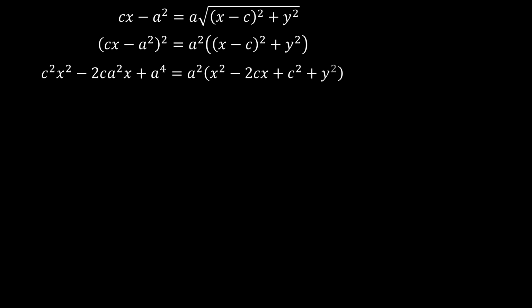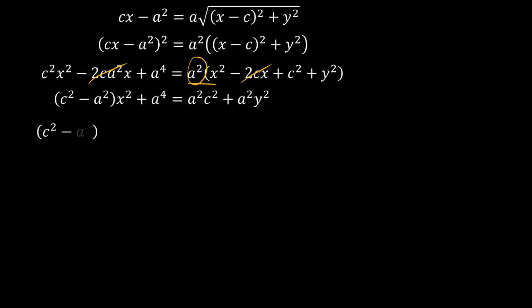You can see that we can also take this a onto the left hand side, and since a is less than c, from the diagram we have c squared minus a squared times x squared plus a to the power 4 is equal to a squared, and as you can see these two terms would also cancel one another since we have an a squared out here. So we have a squared times c squared plus a squared times y squared on the right hand side.